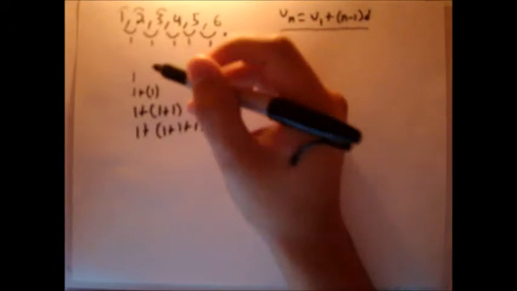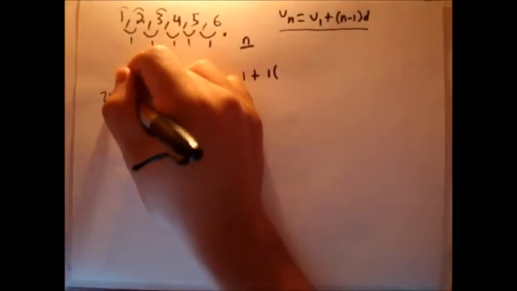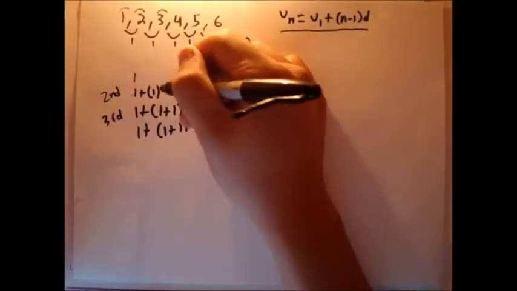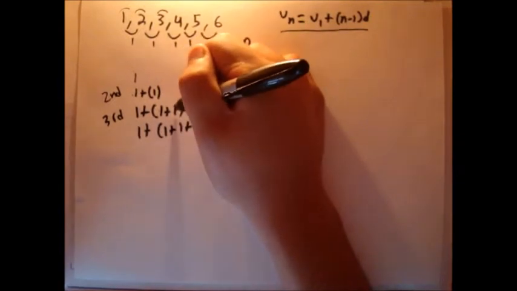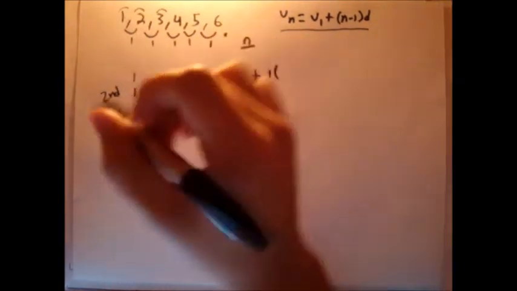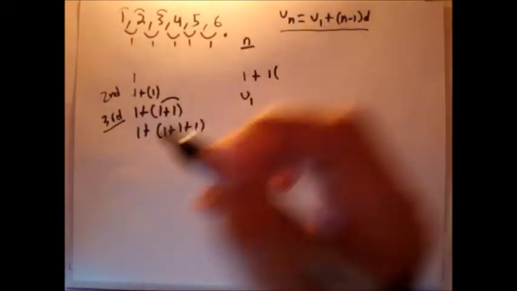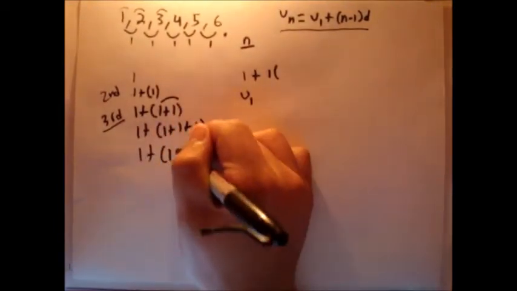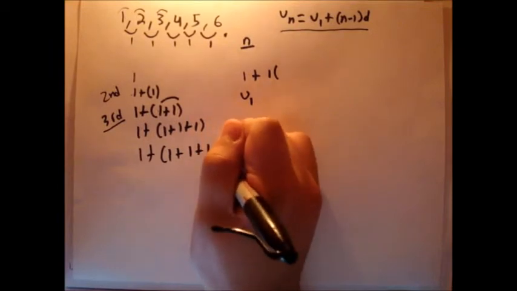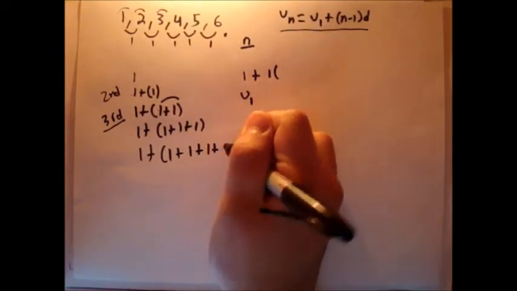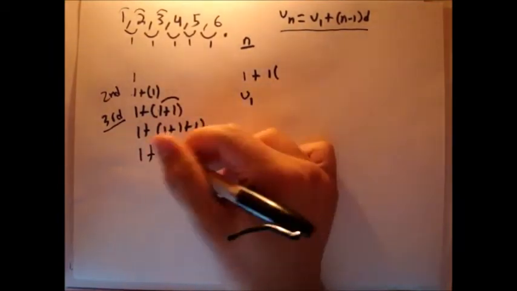Now, the key is that although this is the second term, third term, there's only one 1 here and two 1s here. In other words, whatever the term is, in this case third, we're going to have one less amount of 1s. What do I mean by this? For example, if I expand this, four plus 1, 5.